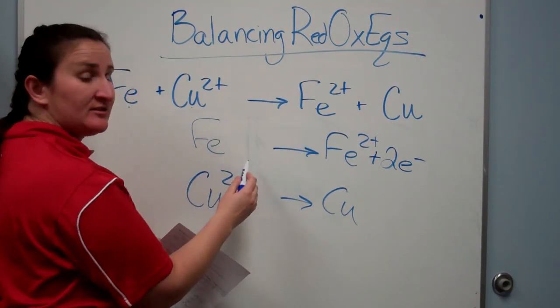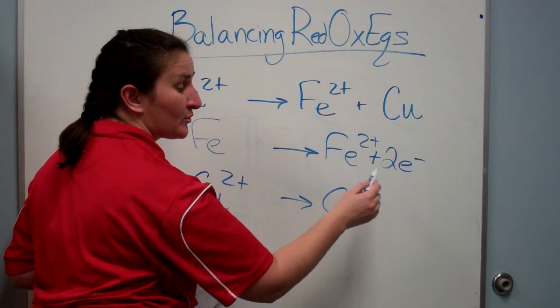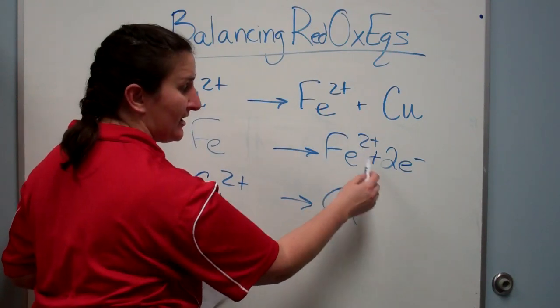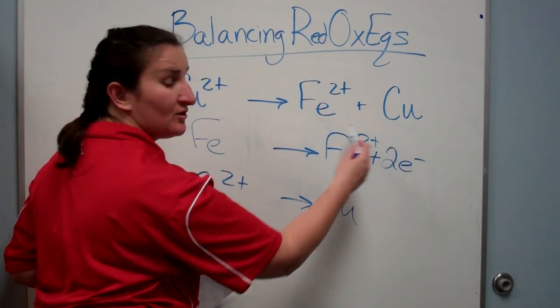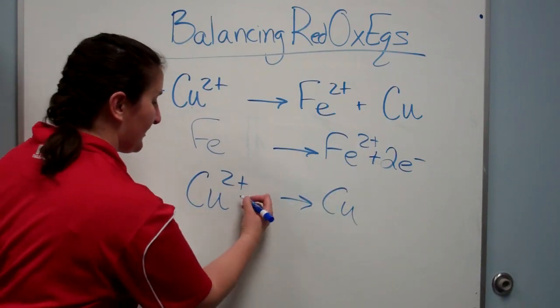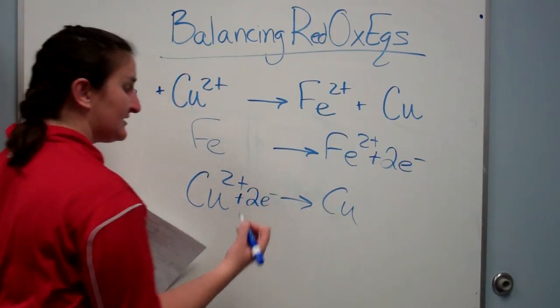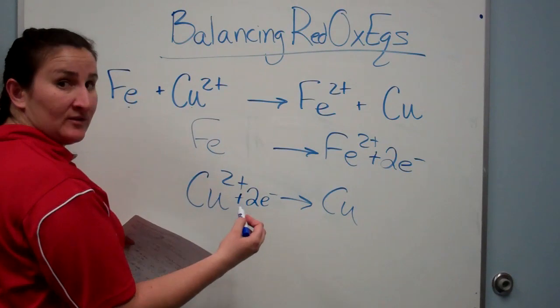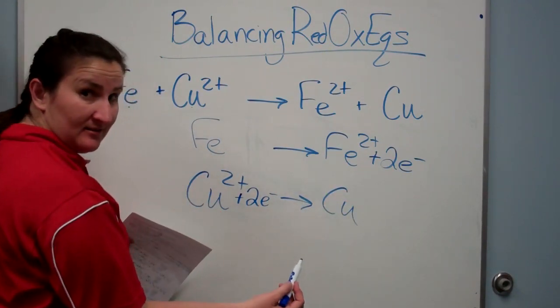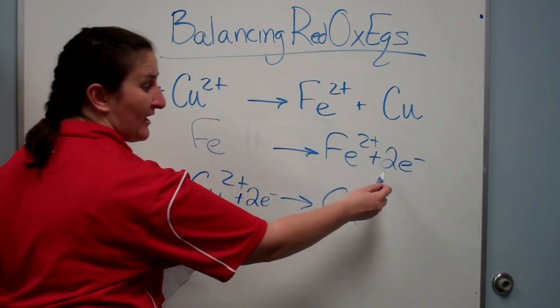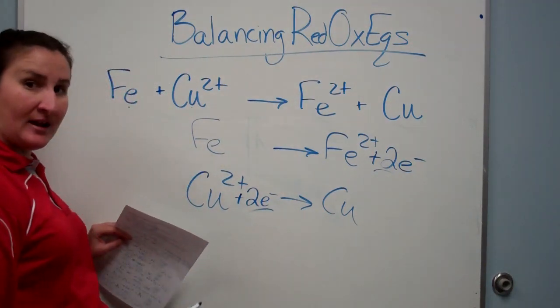Total charge on the left is 0, and total charge on the right is also 0, because you have 2 plus 2 negatives gives you 0. Same way over here. If I add 2 electrons to this side, this whole side equals 0, as does this side. So also notice that my electrons are on the opposite sides of the reaction.